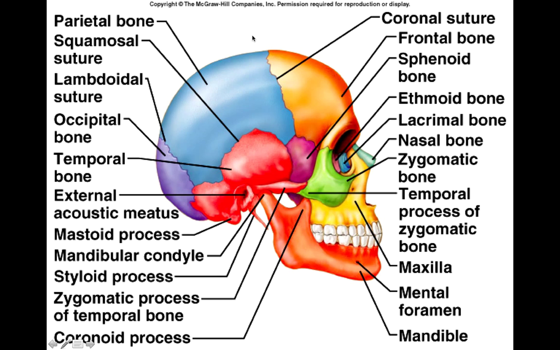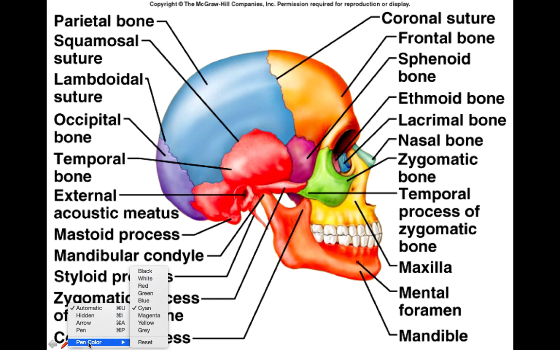The lateral view. From this one, we're going to be able to see the temporal bone. And on the temporal bone, we can see the external auditory meatus, or external acoustic meatus, which is the same thing, and this is where sound waves enter your ear.